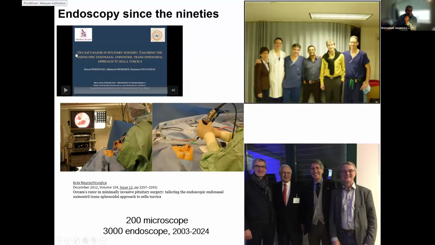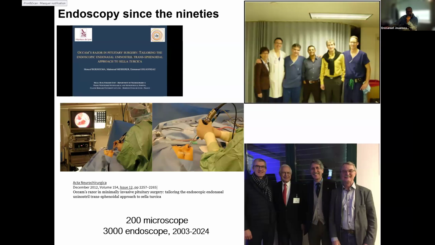So you all know now, since it's not new, it's 2 or 3 decades ago, with the Naples team, the Bologna team in Italy and the Pittsburgh team, we use more and more the endoscopic approach. Because it's very useful for a huge pituitary adenoma, for extended approaches, parasellar approach, transtubercular approach.